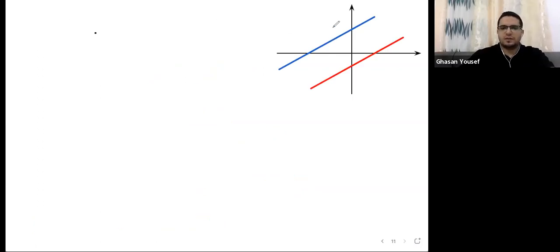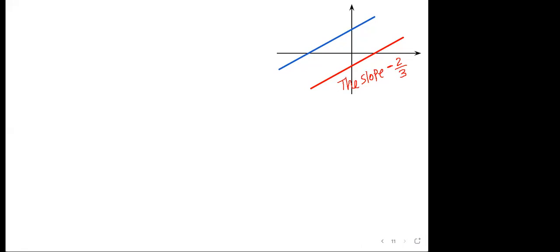The question asks me to find the equation of the blue line. The slope of the red line is minus 2 over 3. So what is the slope of the blue one? It's also the same as the red one.